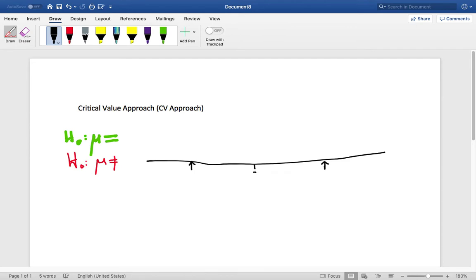Zero is going to be in the middle, and we need to work out the critical values so we can figure out what falls into our do not reject H0 region and our reject H0 region. So reject H0 would be along here, and along here.